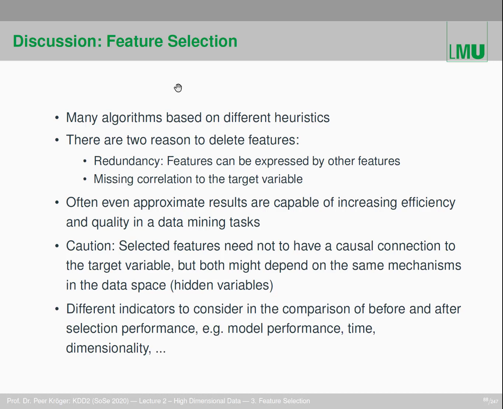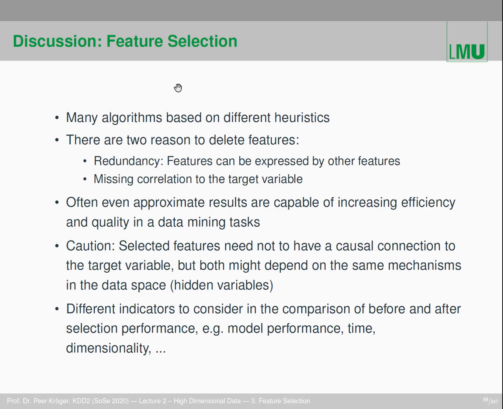There may be different indicators to consider in the comparison of performance before and after selection, which give you the idea if the feature selection was good or not. For example, model performance could be an indicator, time could be an indicator, and the resulting dimensionality can be an indicator, which is usually controlled by the input parameter anyway.